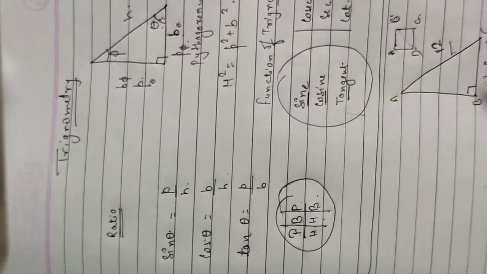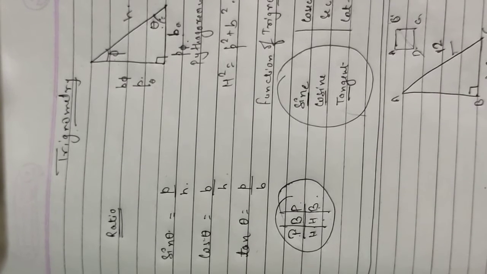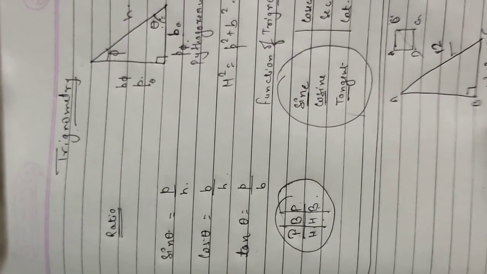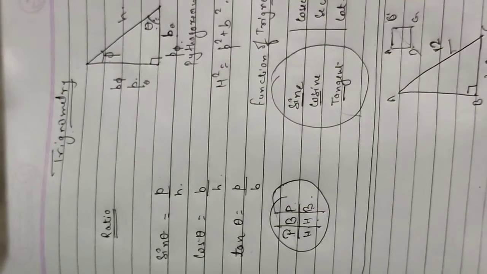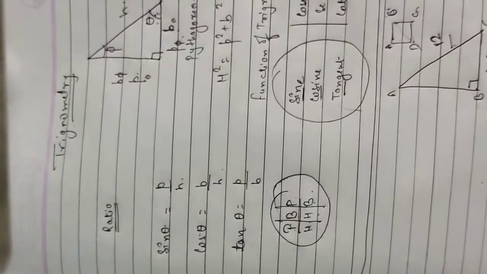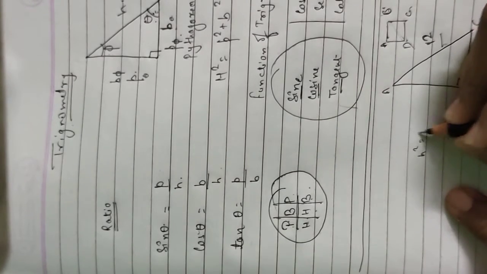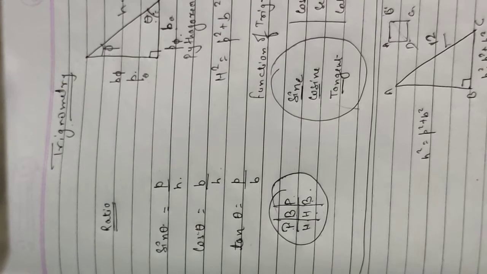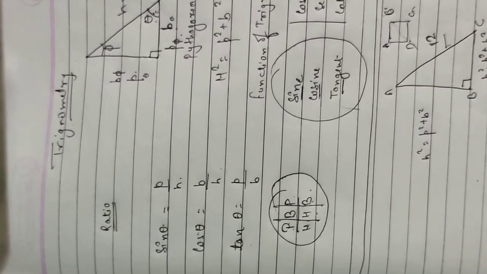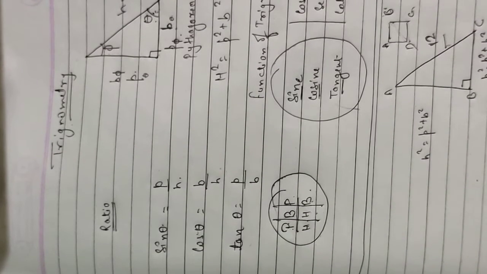What about these two? We don't know. I want to show you the difference: Pythagoras only works on the sides, not on the angles. But when trigonometry came in your life, it will help you.